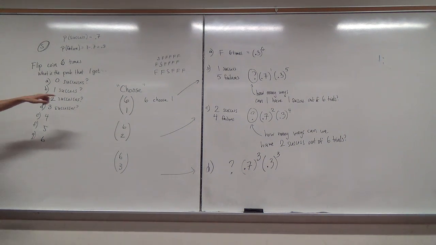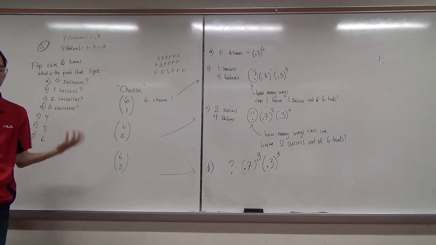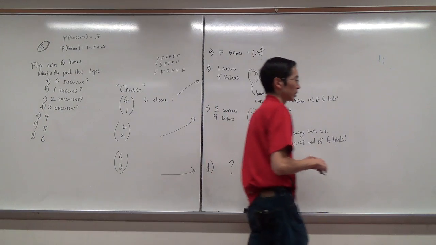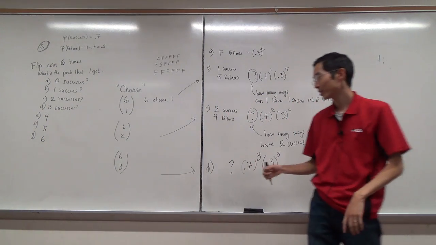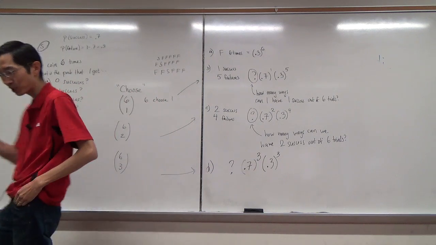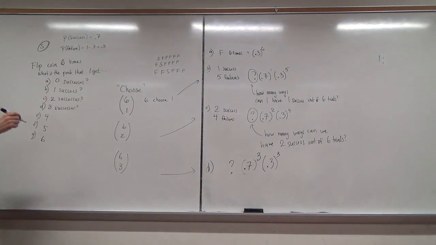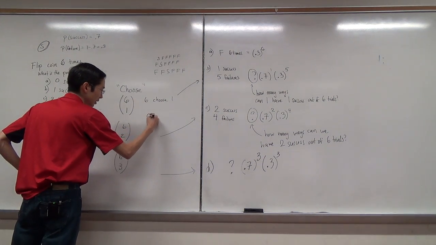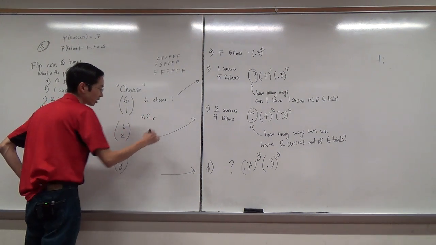There are a few ways we could get the choose. The easiest way is just to find the choose function on your calculator. Maybe on your calculator you have a button labeled NCR.